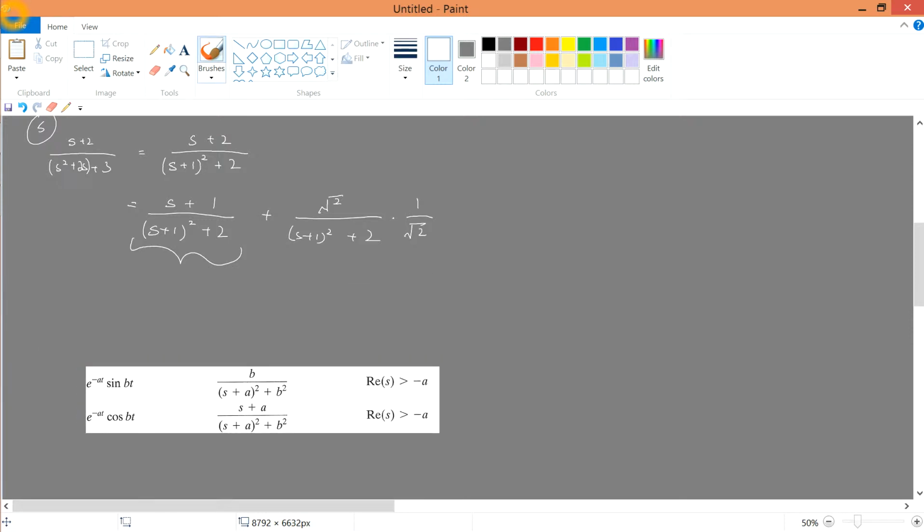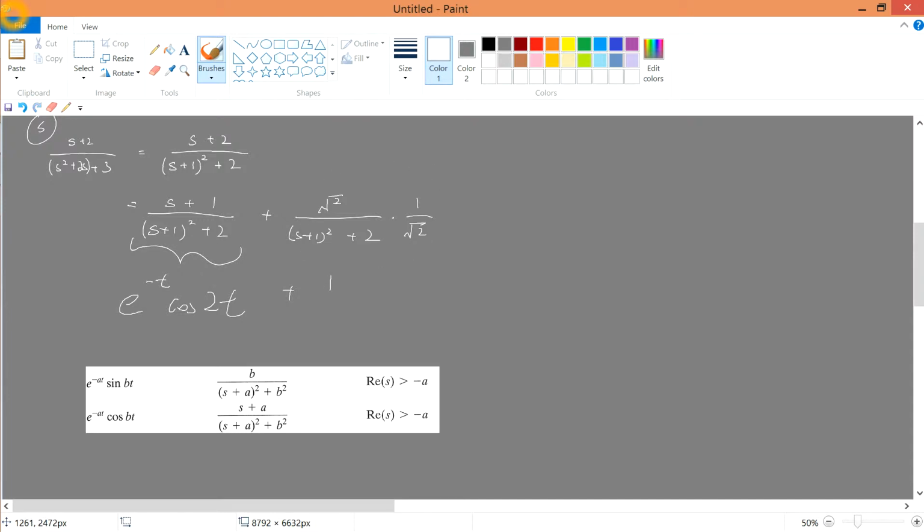So therefore this thing can be rearranged as e to the minus t cosine 2t, plus this term over here. So what is this term over here?